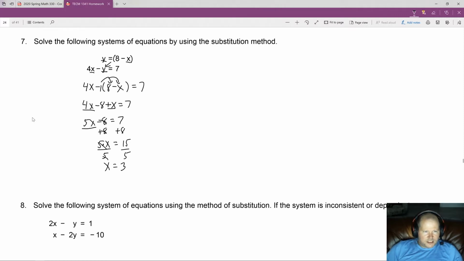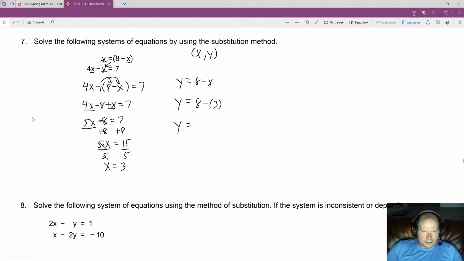At this point, we have solved for x, but a solution has to have an x and y value. It has to be an ordered pair. We are missing our y. So we plug in this x into the equation we already have solved for y. y is equal to 8 minus x. y therefore must be equal to 8 minus 3.